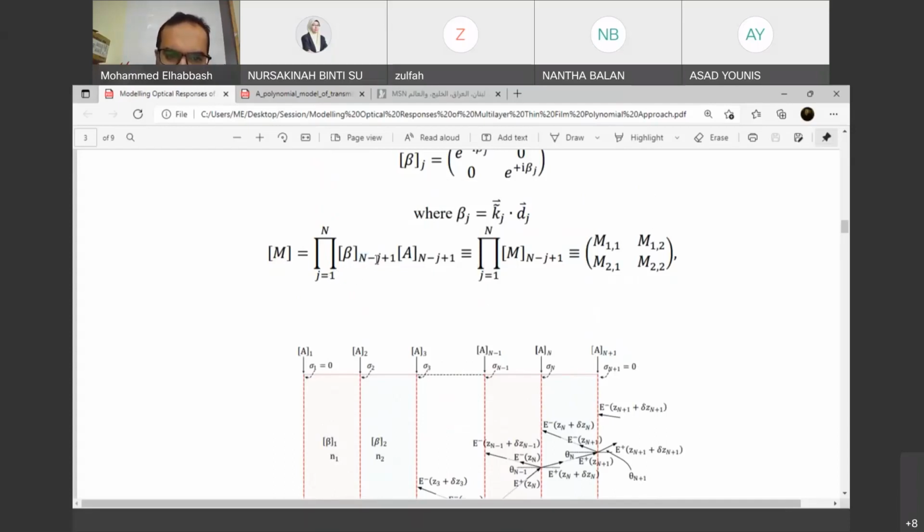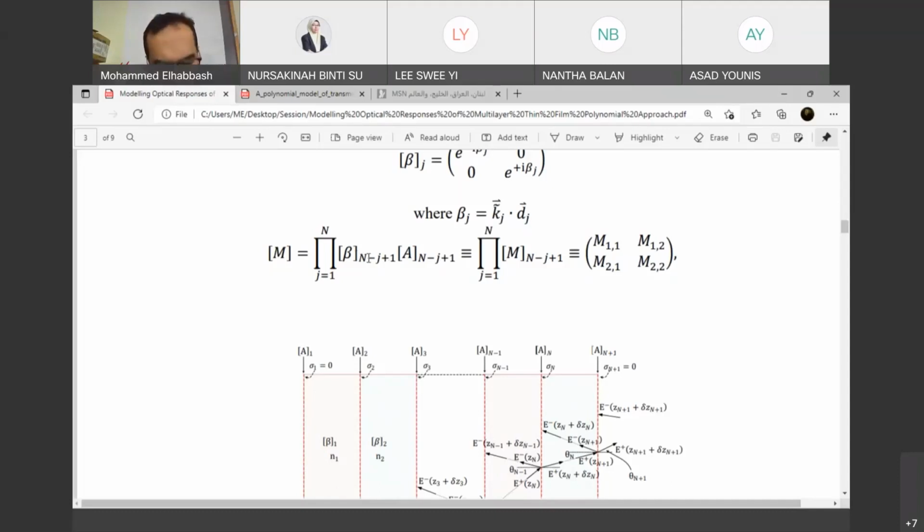So the product will start from the end to the start. If you start with J equal 1, you will find this J will be N minus J plus 1, and it will be N, because minus 1 plus 1 it will be 0.